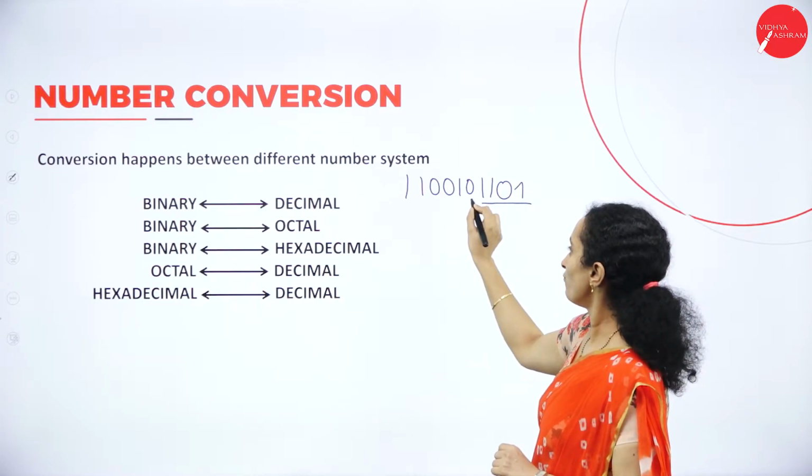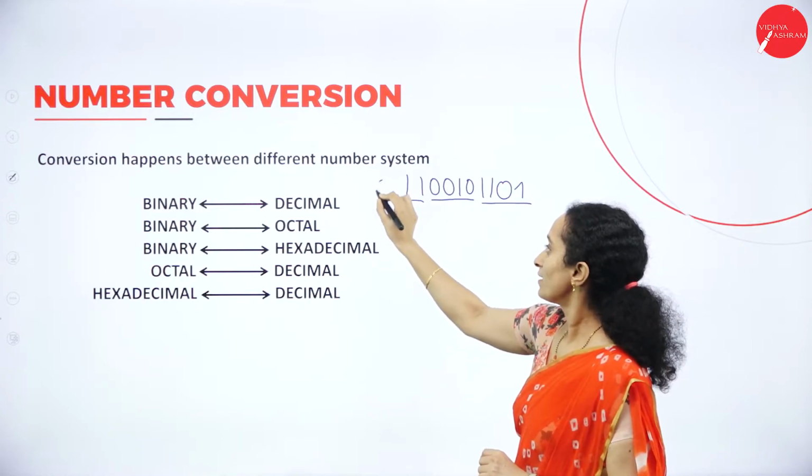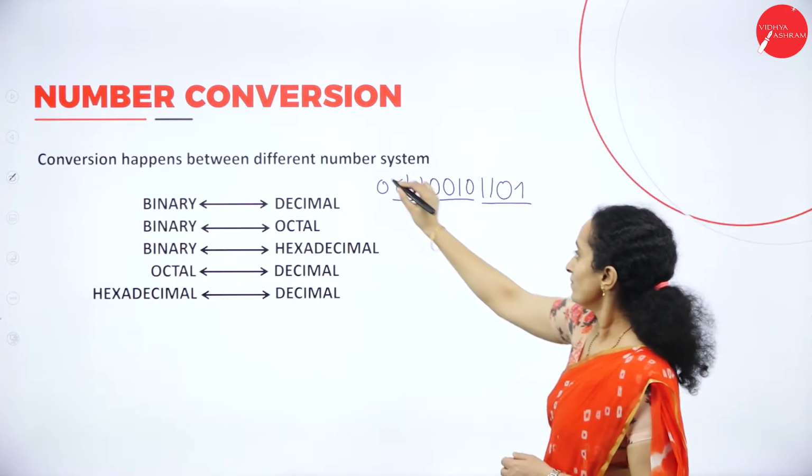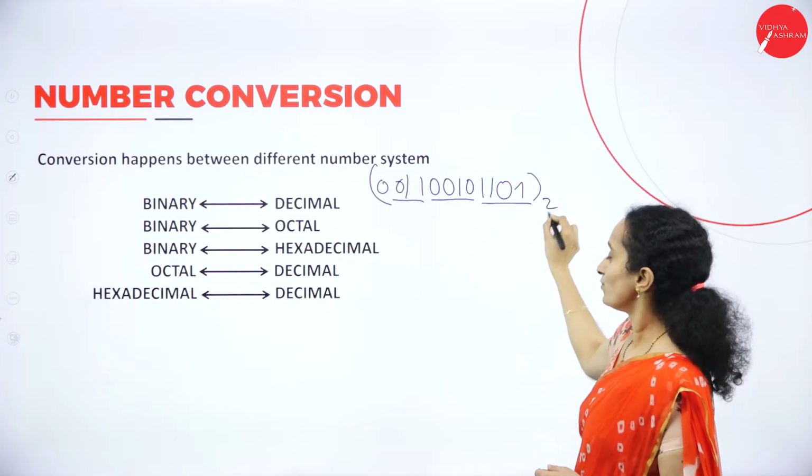First make groups of 4 digits, fill with 00. Okay. So, this is of base 2.